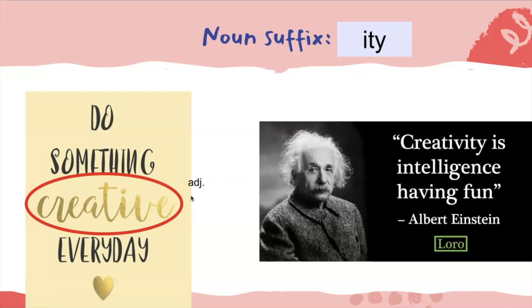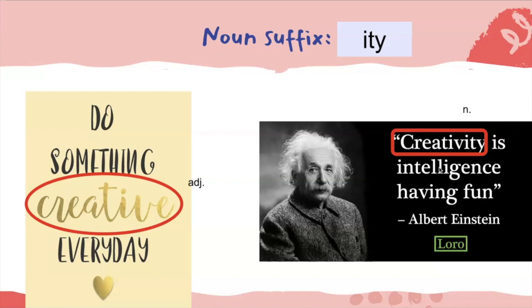Here comes a very famous quote from Albert Einstein. Creativity is intelligence having fun. Which means creativity is a state that you have the ability to acquire and apply knowledge and skills with fun. So creativity is a noun here. And it's like the quote we had just now.